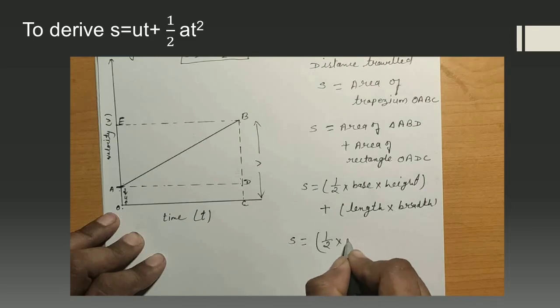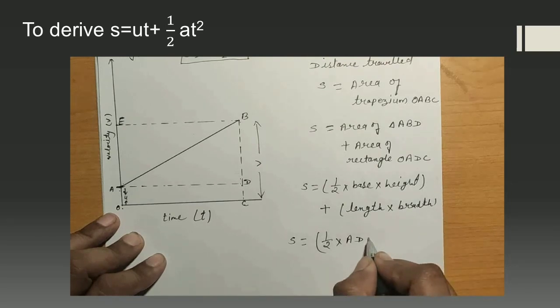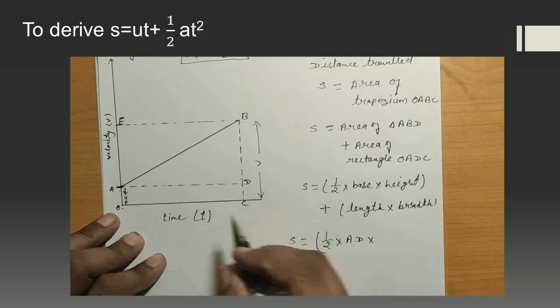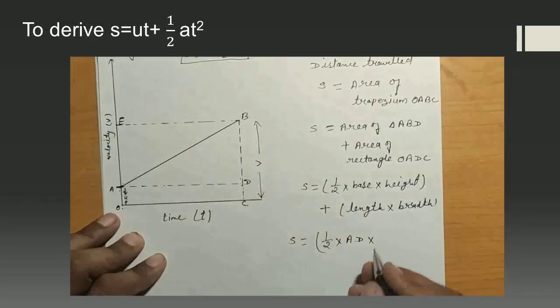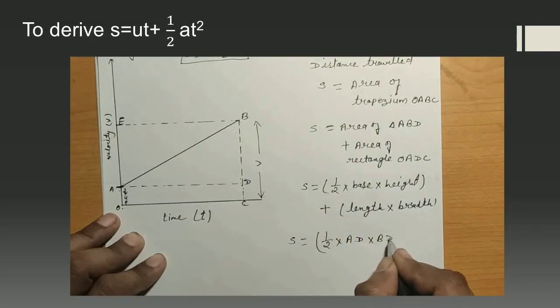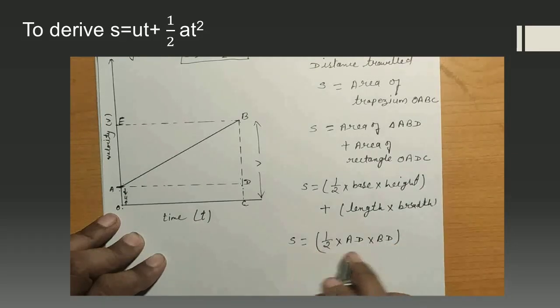The base of this triangle is AD. Got it? Then height. What is the height of this triangle? Height of this triangle is BD. So here we will write BD. These are the values for the triangle.